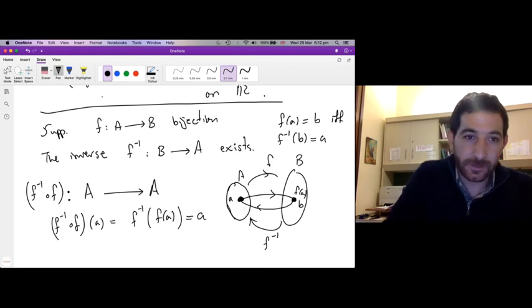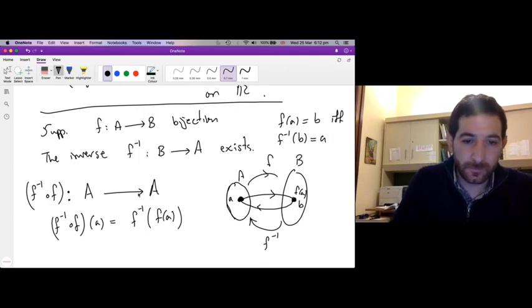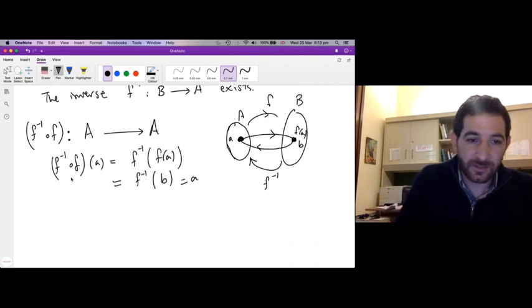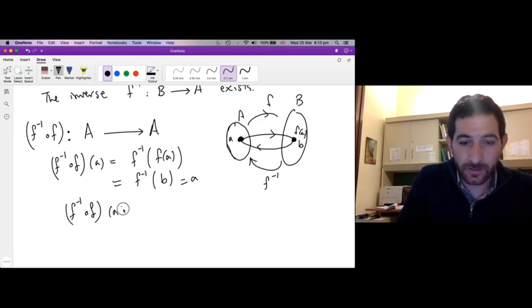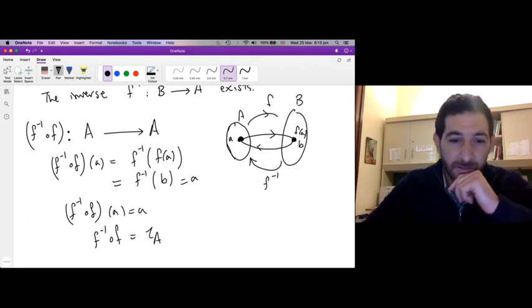So f inverse of f of a is a, since f inverse of b is a. This means that the composition f inverse after f of a is a itself. So this means that the composition is the identity function on the set A. It takes a and produces a.